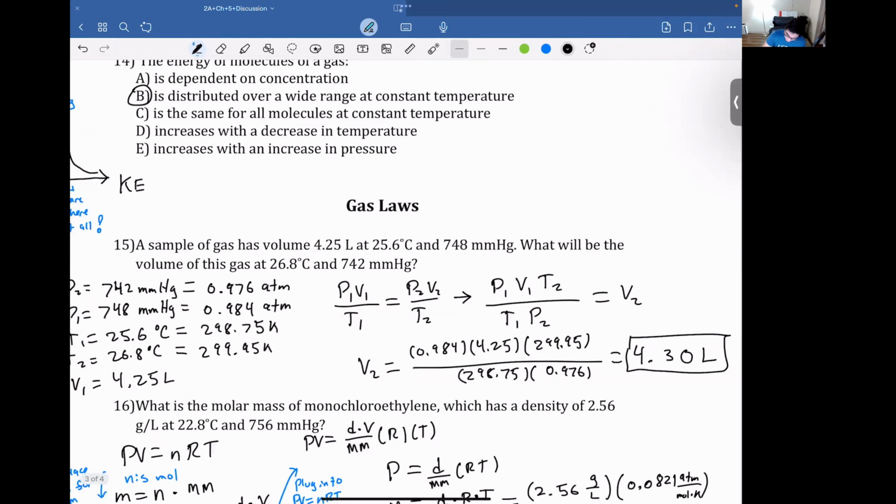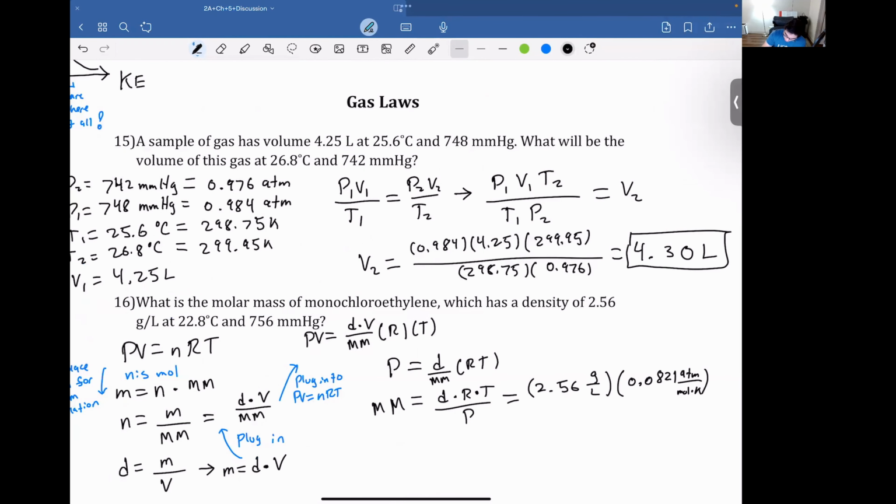And then we have Kelvin, which is just 22.8 plus 273, 295.95. Not running out of space. And then divided by the pressure. So I'll just convert it right here. 756 mmHg, and then convert to ATM.